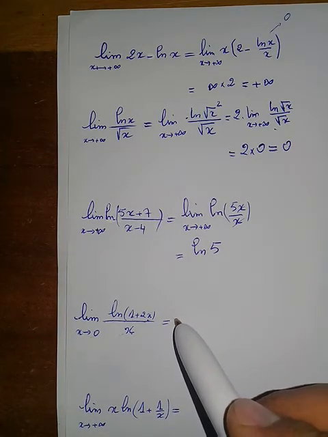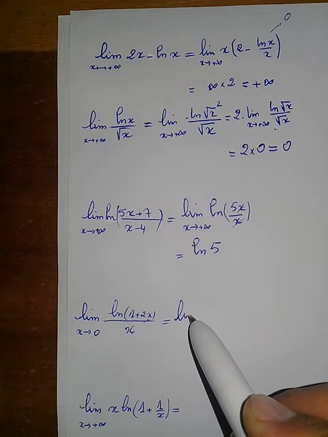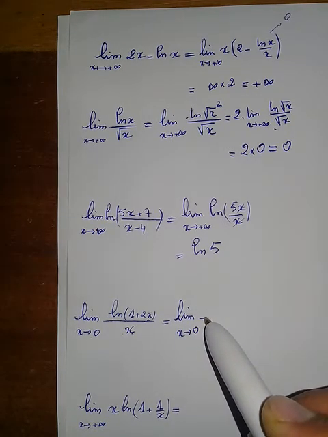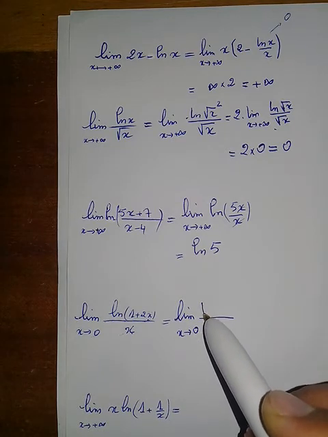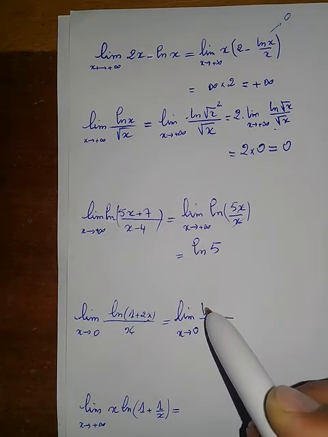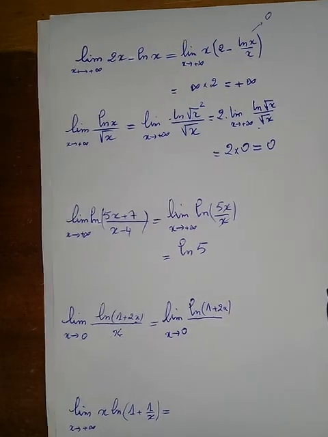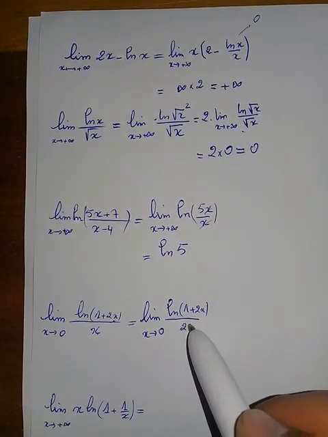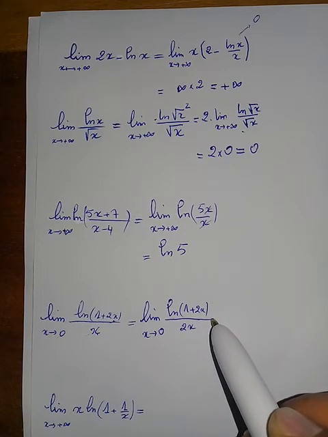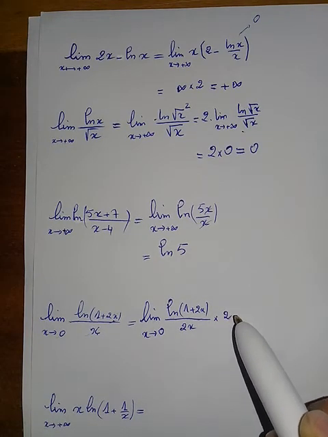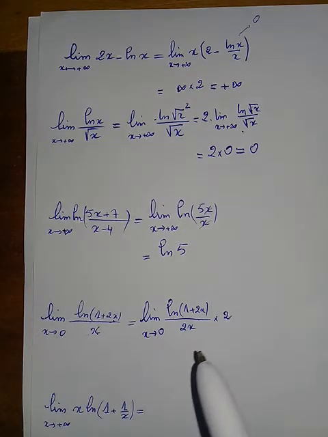So it's the limit when x goes to 0 of ln(1 plus 2x) over 2x, and we need to multiply by 2 at the top because we multiplied by 2 at the bottom.